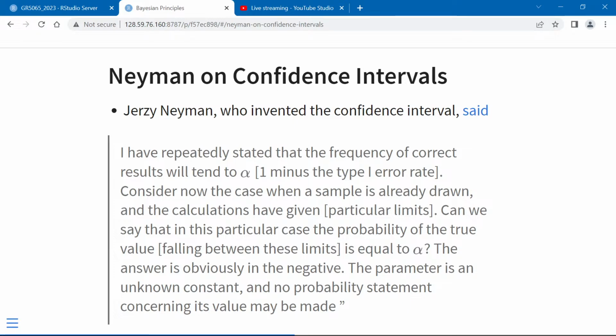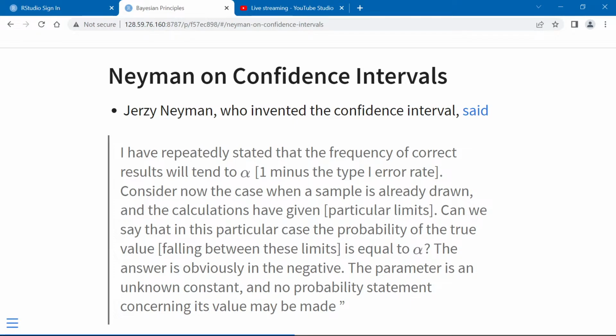If you were to repeat this over and over again, what's the proportion of times that the confidence interval line segment, which is going to be different every time you do a study, catches inside it, like a net, the true parameter that you're estimating? And Neyman said, I repeatedly stated, the frequency of correct results will tend to alpha, which is 1 minus the type 1 error rate, if it's like a 95% confidence interval or whatever.